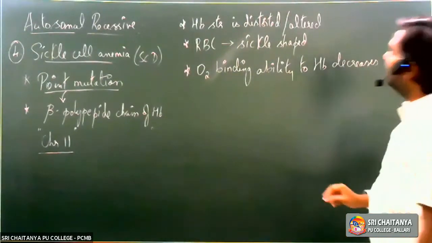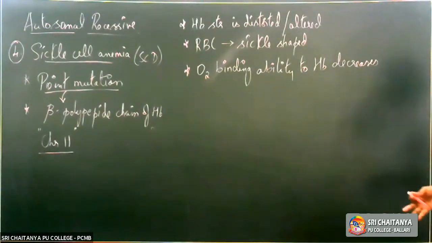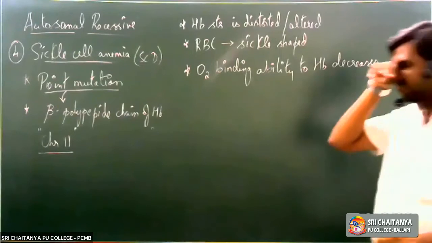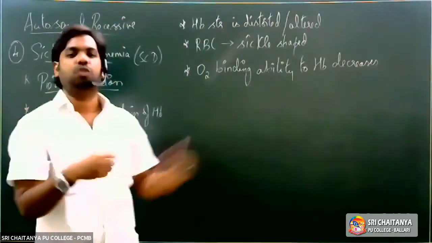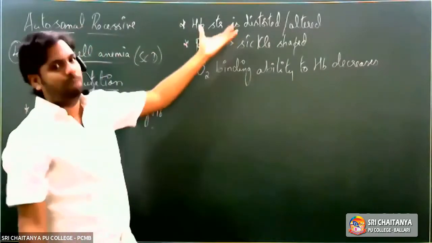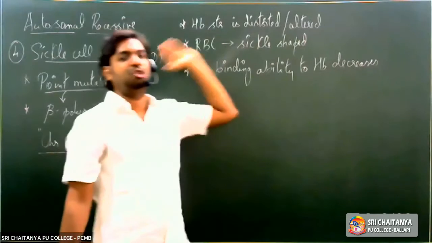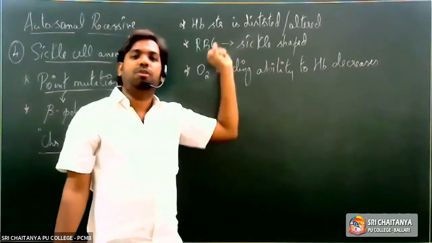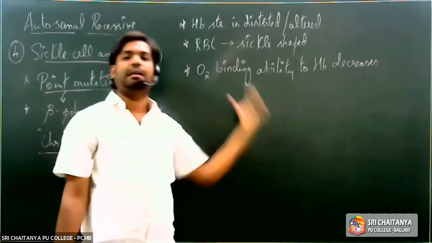So the oxygen binding ability to hemoglobin will start decreasing, because we know that during the transportation of oxygen, oxygen usually binds to hemoglobin and forms something called oxyhemoglobin. Now, since hemoglobin structure is altered and at the same time the RBC has changed its shape, the oxygen binding ability to hemoglobin, or rather RBC, will start decreasing.